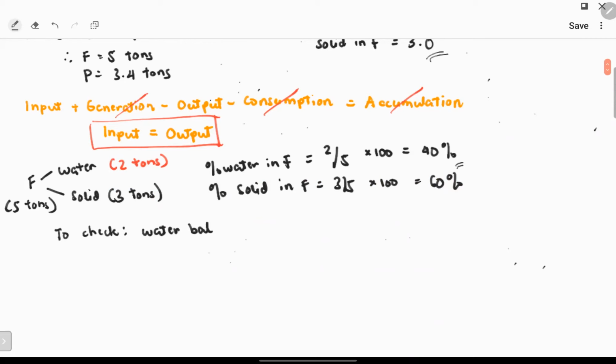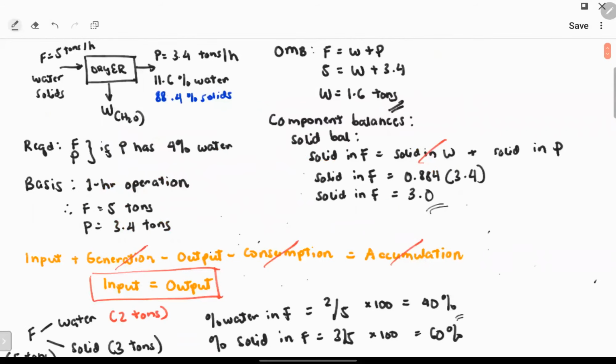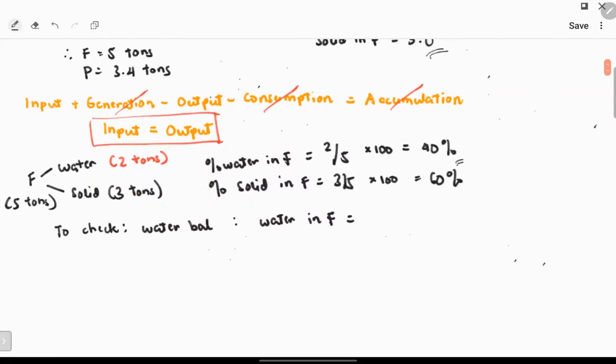So simply, water in F. Just look at the flow diagram. F equals P plus W, but the composition in terms of water, water in F equals water in W plus water in P.